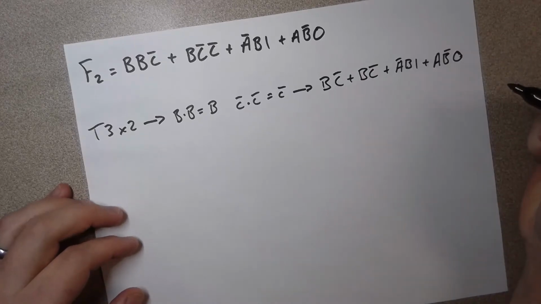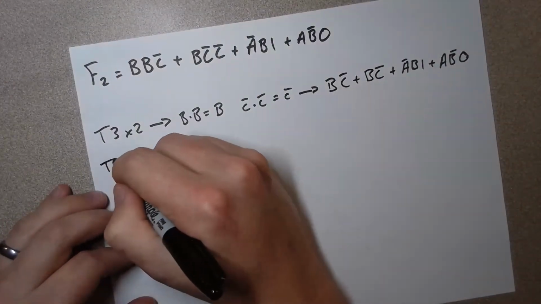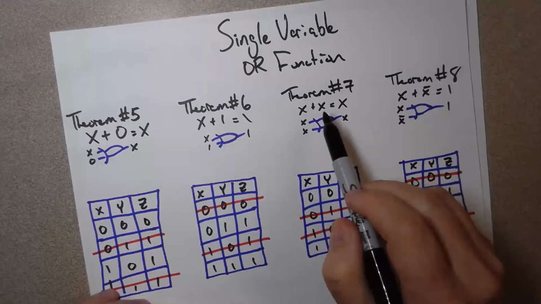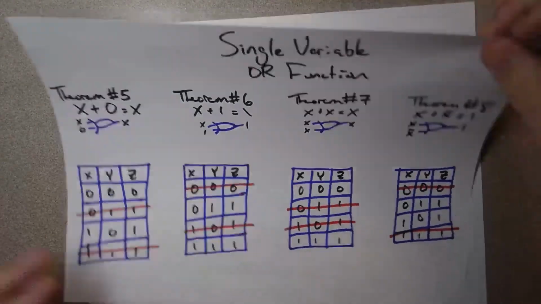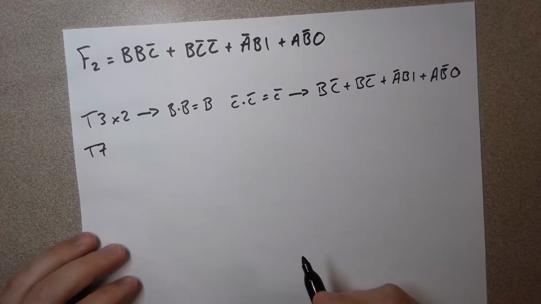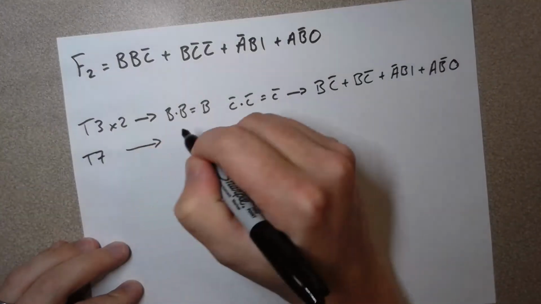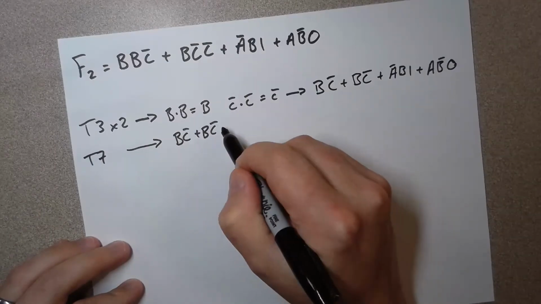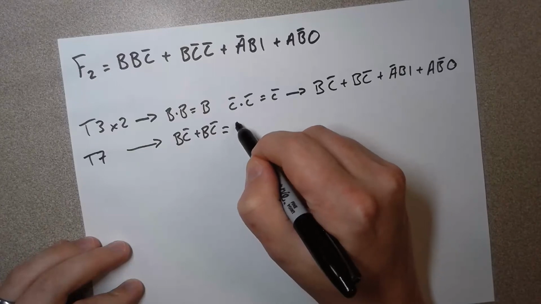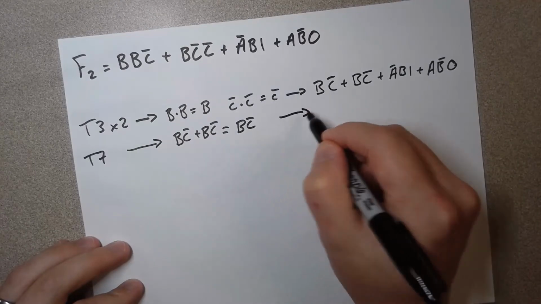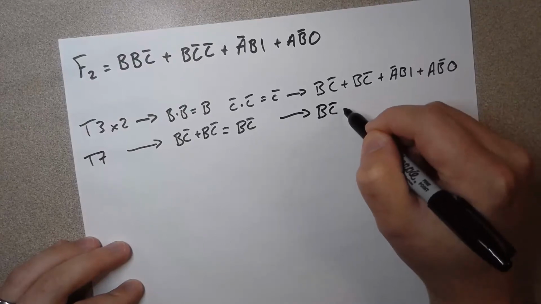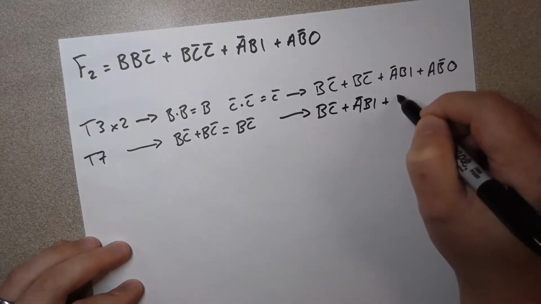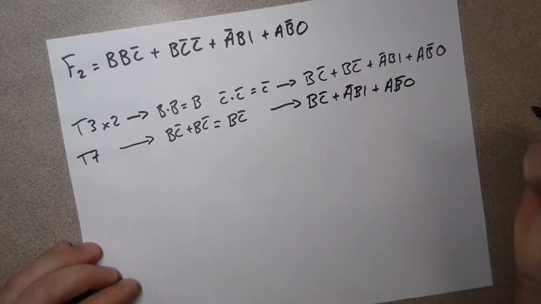Next theorem that I want to use is theorem number 7. If you're looking at theorem number 7 here, it is x or x is equal to x. Okay, so that means if we grab that, we can know that B and not C plus B and not C is equal to B and not C. So that means we can combine those guys. We get B not C, or not A, sorry, B 1 plus A not B 0.